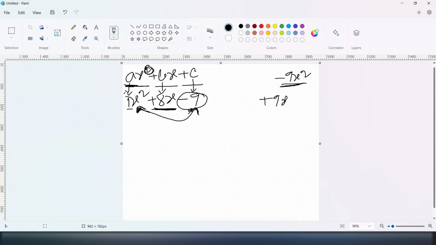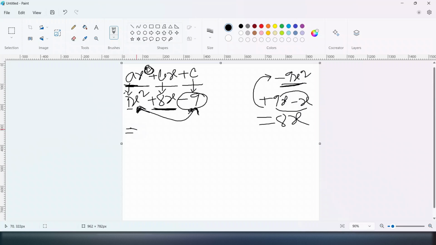And then if you take out an x from 9x, then you will get 8x, right? But if you multiply these two terms, so positive 9x minus x, and you multiply these two terms, you will get -9x square, right?